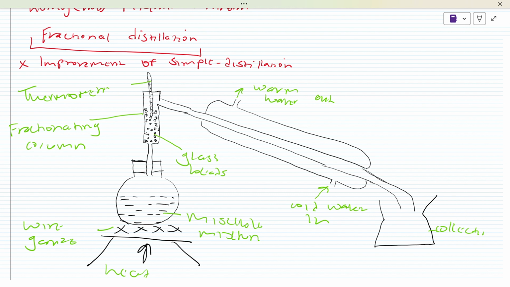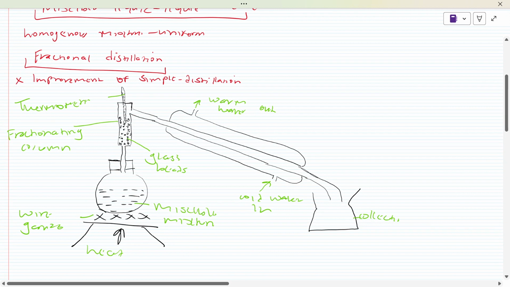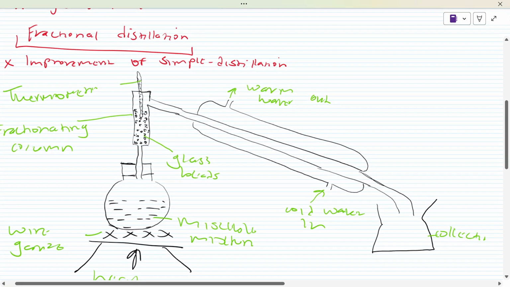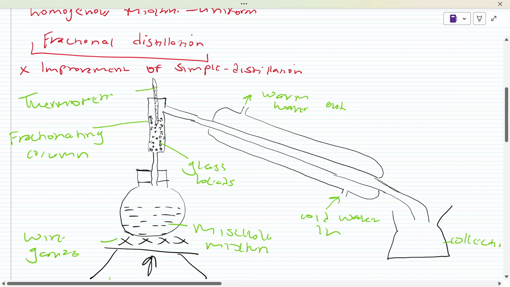So the key things that you need to be knowing are, whenever we have a system like that, this system is supposed to be separating certain mixtures, and these mixtures must be separated in a unique way. So after setting up your system like this, you're supposed to know the role of the thermometer. What does the thermometer do?